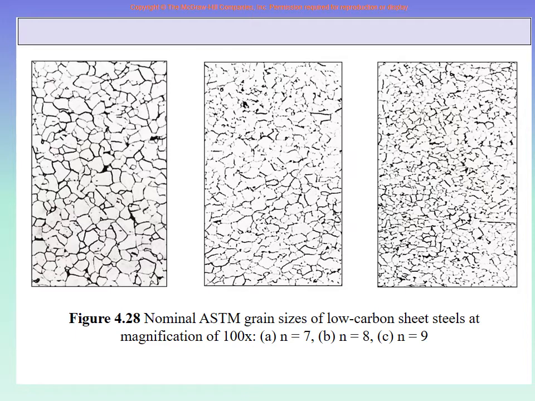Then when you print that picture, take any area of 1 inch by 1 inch, and in that area, count the number of grains. So you will find the capital N, the number of grains that you see in 1 square inch of the image at 100 magnification. And then you will find the ASTM grain size number and so on. So at our level, this is enough.